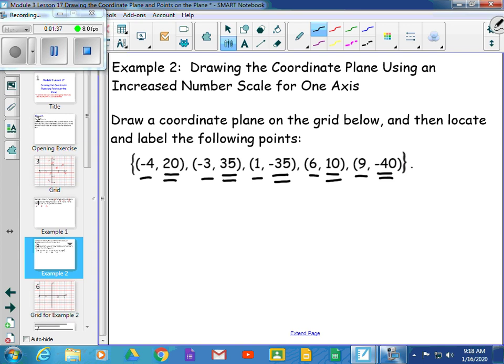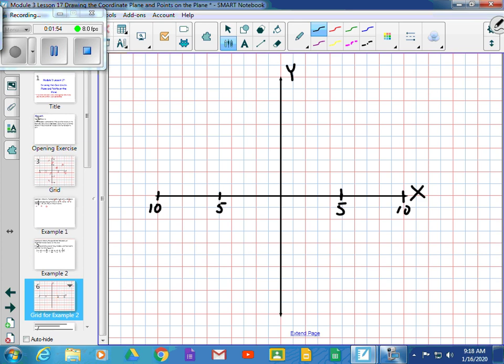I can see that the lowest amount that I have is -40, and the highest amount is going to be +35. If I go by fives, I should be able to go from -50 to +50. So I'm going to go by fives.